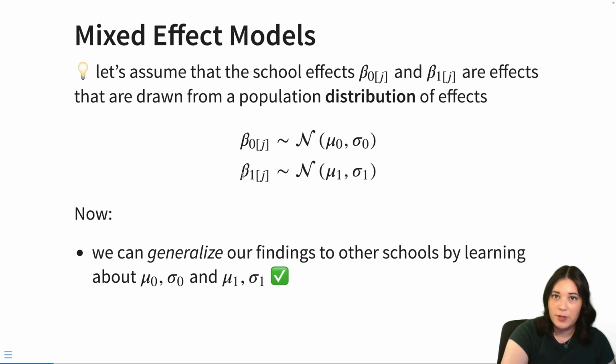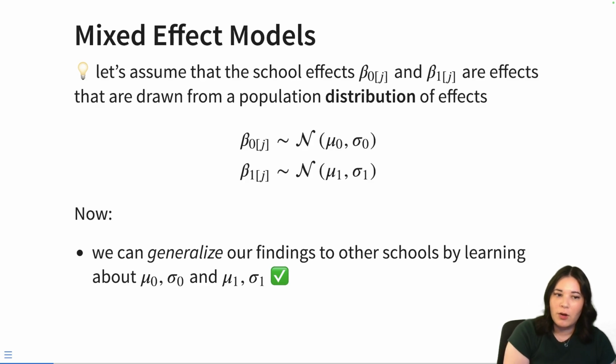Each of those coefficients is drawn from a normal distribution with some mean and some variance. Now we've learned something interesting. We're still solving the problems that we did before, right? Each school is allowed to vary in both their baseline and their coefficient.